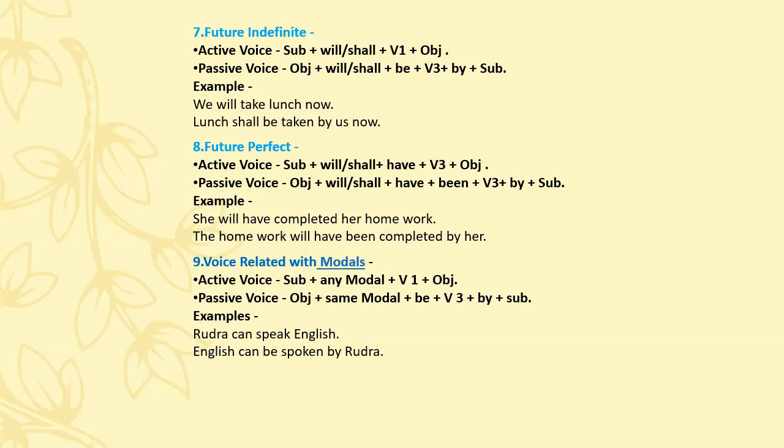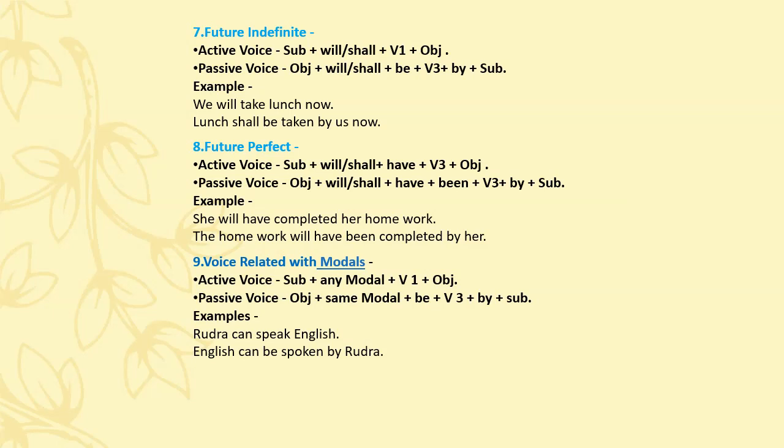Okay, next, voice related with modals. I've given you the basic structure over here. For active, it would be subject plus any modal plus V1 plus object. Remember, with all the modals we use the V1 form of the verb. That is the basic structure. But when it comes to passive formation, all the general rules that we have studied will remain the same.